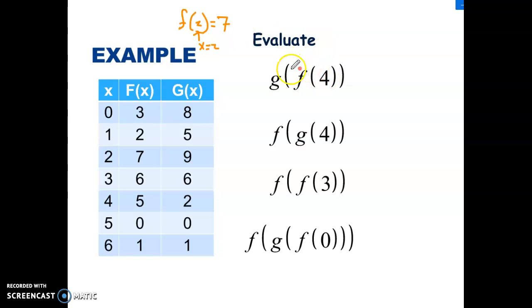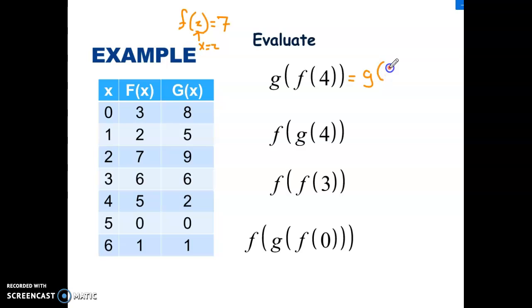Our first example is going to take the x value 4, and we're going to figure out what the output is for the f function. So we go to the table, find my x value of 4, and I find my output is 5. So f of 4 is the same thing as 5.